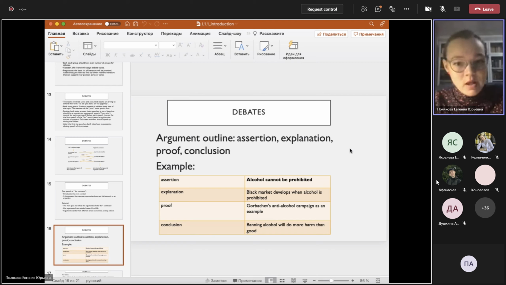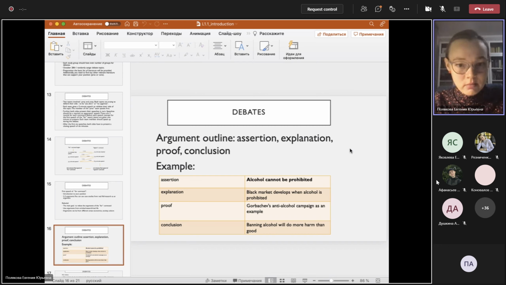Why? Explanation: a black market develops when alcohol is prohibited, and it's bad. Proof: like a case study. In our case, it's from real life, like the Gorbachev anti-alcohol campaign as an example. Or it can be proof from articles, or from any analytical papers. It depends.